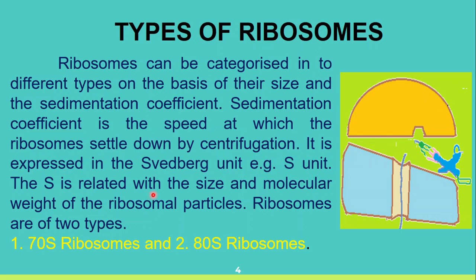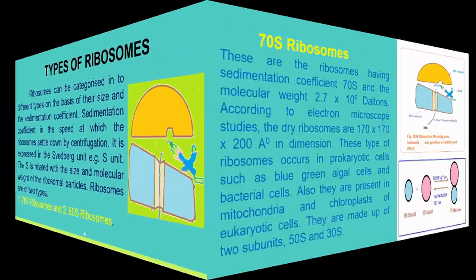The S is related to the size and molecular weight of the ribosomal particles, and on the basis of sedimentation coefficient, they are of two types. First type is 70S ribosomes and second type is 80S ribosomes.